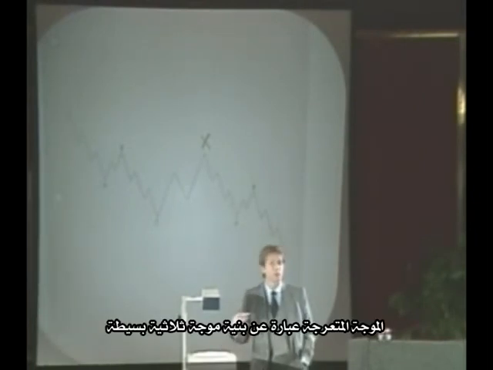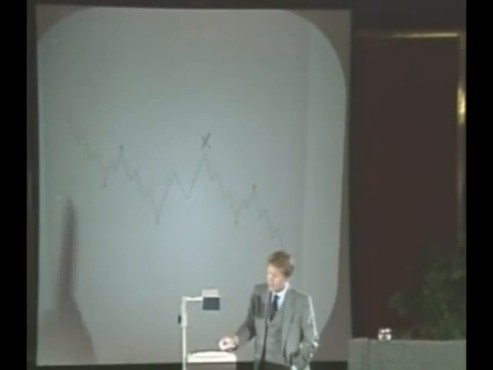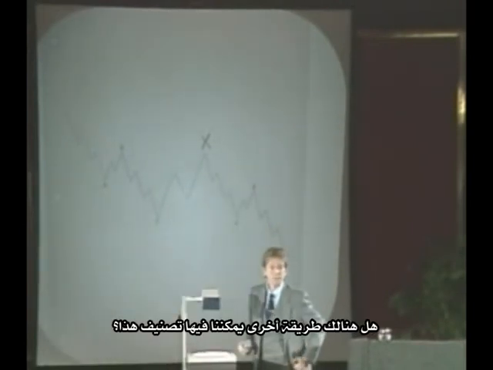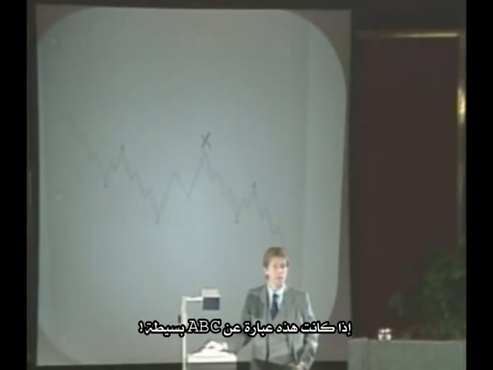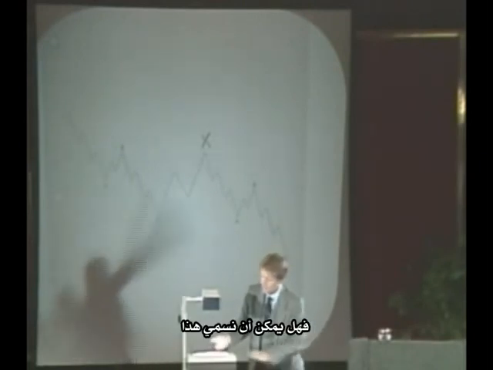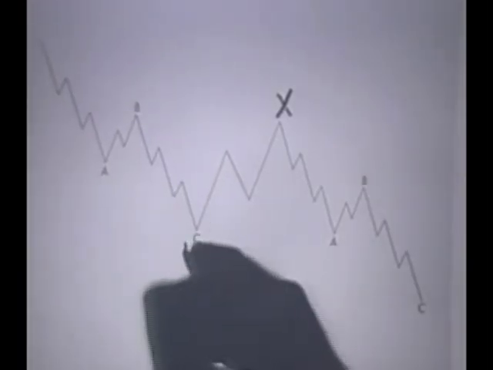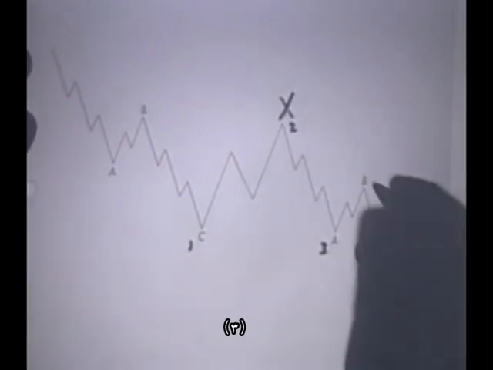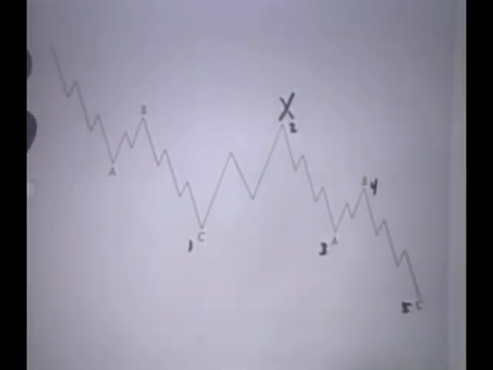Now a zigzag is a simple three-wave structure. Is there another way that this can be labeled? In other words, if this is a simple ABC, could we label it AB 1, 2, 3, 4, 5?